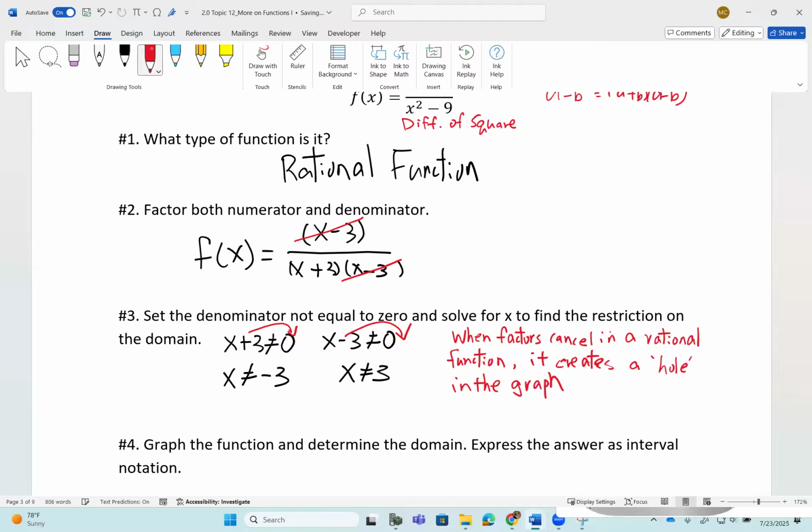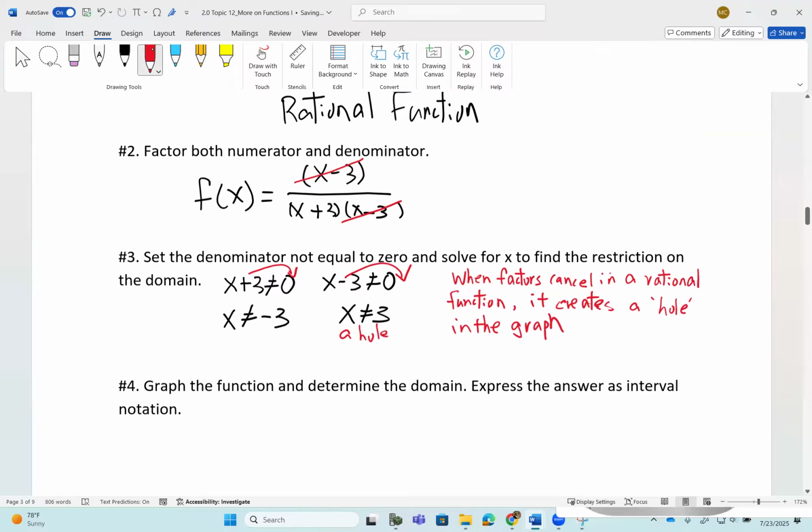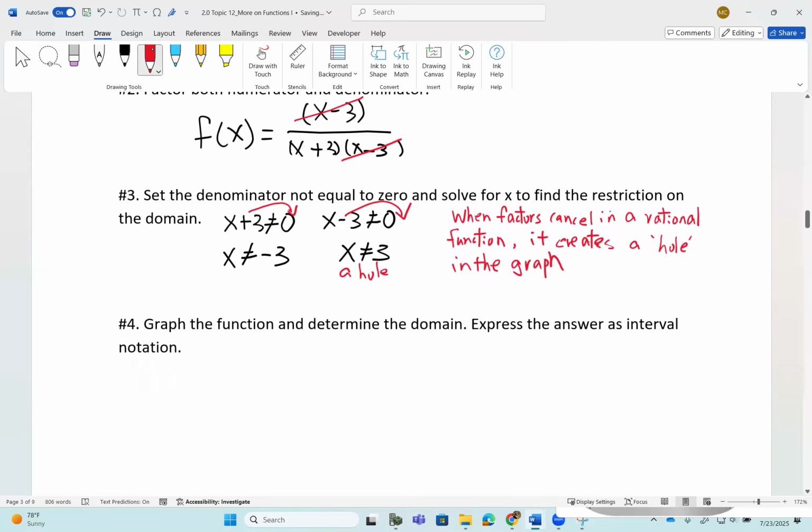So the x minus 3 canceled out, but x cannot be 3. So this is where the hole occurs. The hole is actually occurring at x equal to 3. So I do have two restrictions, and my graph is split into 3 parts.